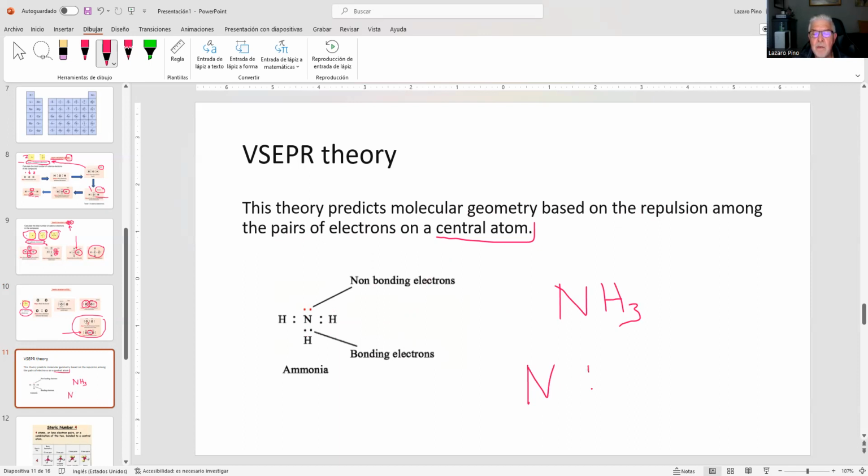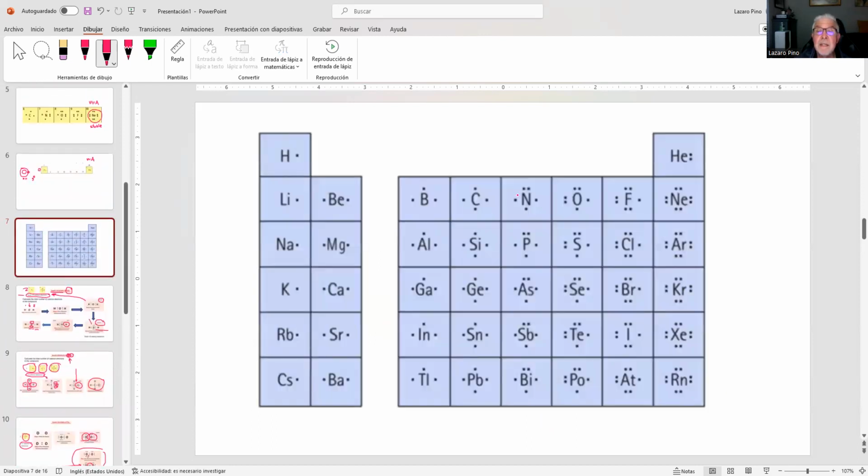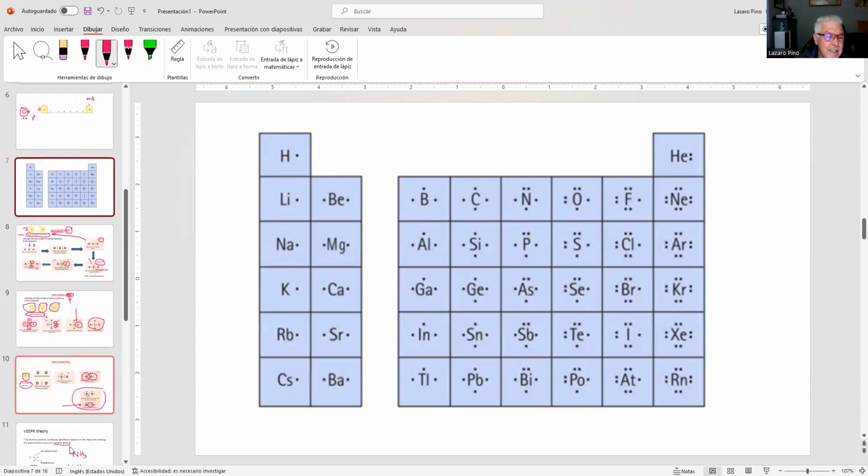We have 3 hydrogens. We put 2 electrons between the atoms. Now we have 1, 2, 3, 4, 5, 6 electrons. But what happened? Nitrogen, as you could see before, look, nitrogen has 5 electrons, and 3 hydrogens is 8.